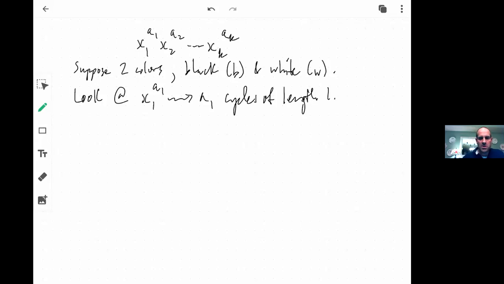Now, how in the world are we going to color things here? Well, you know that you basically just have freedom in each one of these slots, yes? So the total number of 2 colorings corresponding to x1 to the a1.